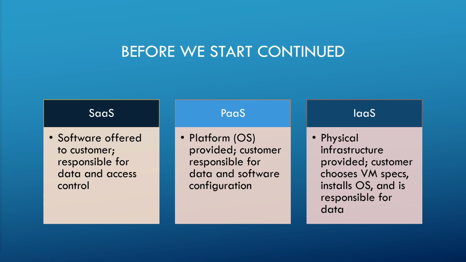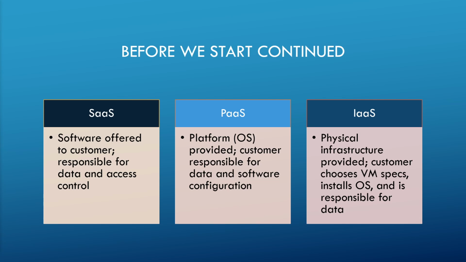And then yourself as the customer are going to be responsible for the data and access controls, where the CSP or cloud service provider is going to be managing everything else, like the security, the uptime, the server maintenance, all that good stuff. A good example of this would be Microsoft OneDrive for all of you Windows users. OneDrive, you have your cloud storage software offered by Microsoft that they're maintaining, but you are maintaining and manipulating the data within that software.